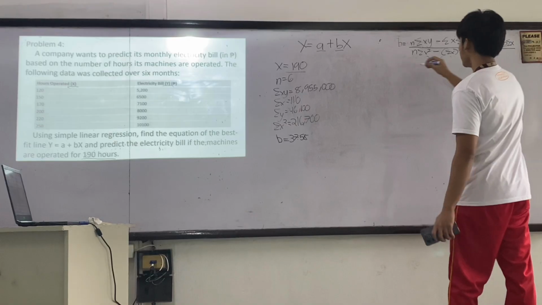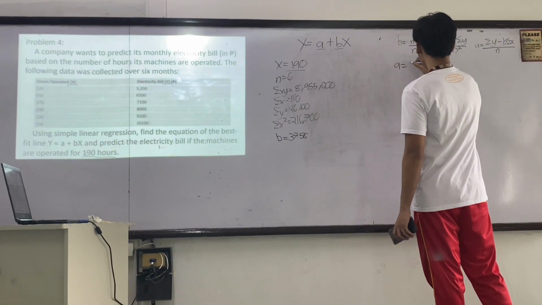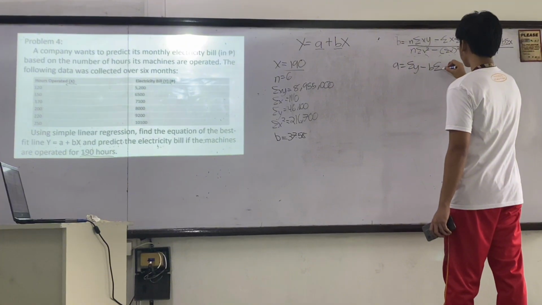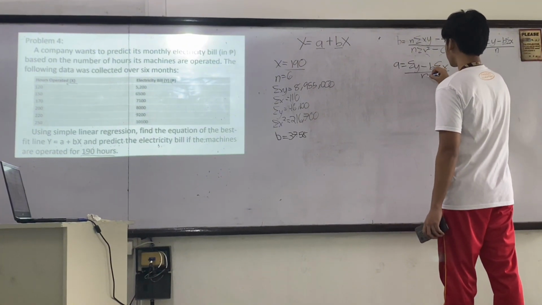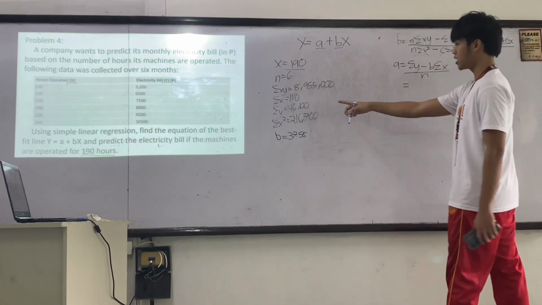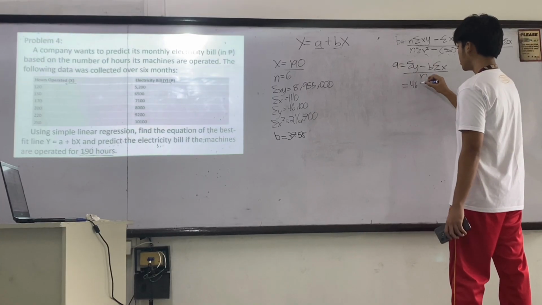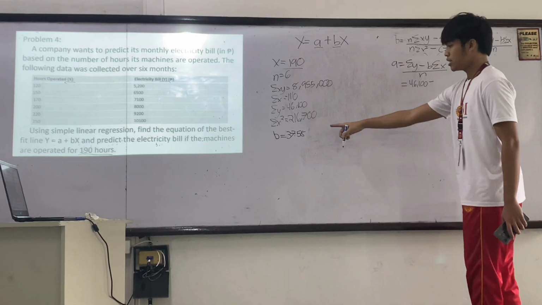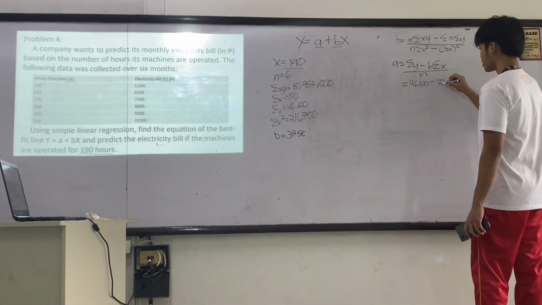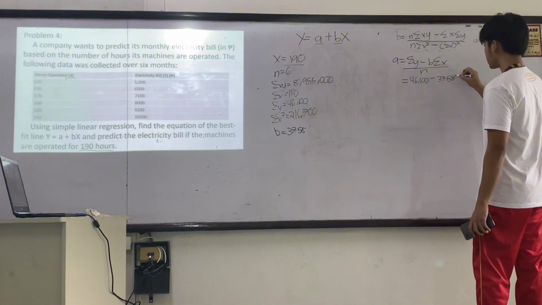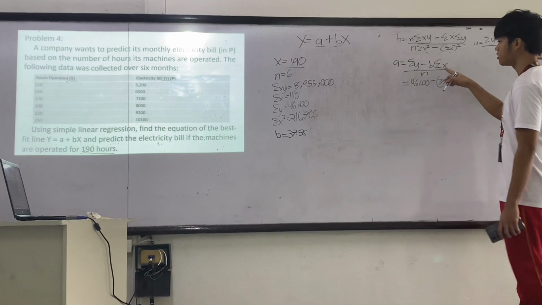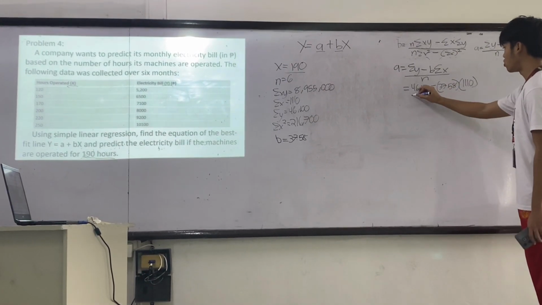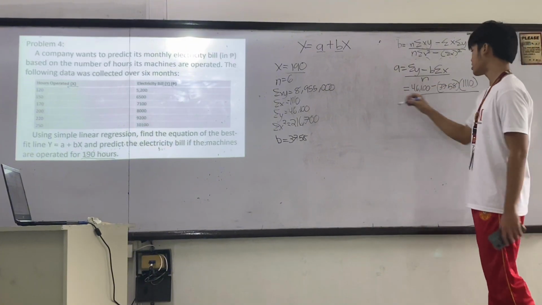So the equation of A is A equals summation of Y minus B times summation of X over N. So summation of Y is 46,100 minus B, 37.58, multiplied with the summation of X, 1,110, over N, which is 6.